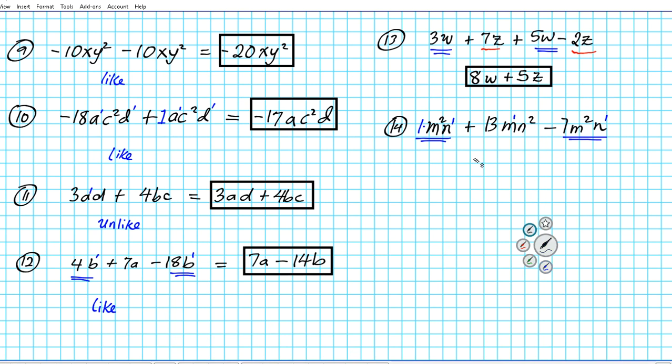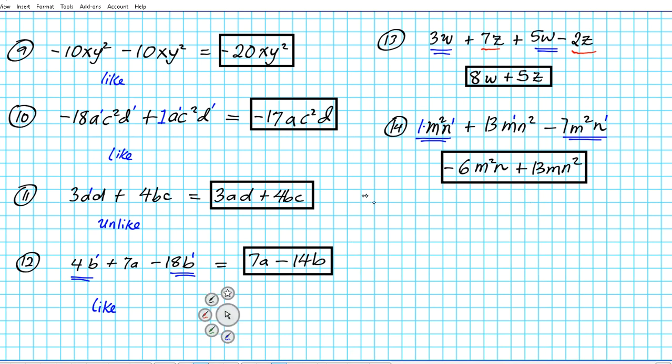So we can combine those two. You add the coefficients, 1 minus 7, subtract and keep the sign of the bigger, negative 6, bring down the variable, m squared n. And then the unlike term, 13mn squared, you just bring it down, plus 13mn squared. And that's the answer to question number 14.